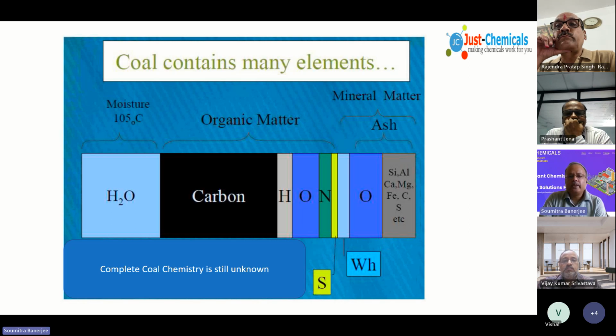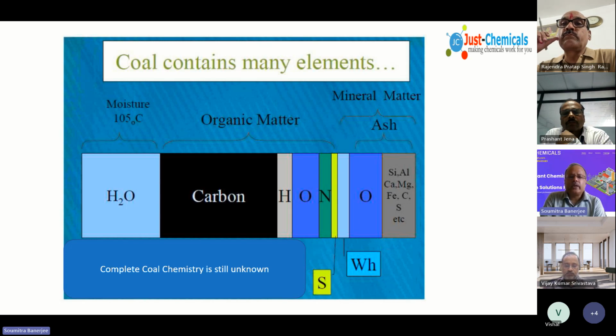Then in ash, you have silica, alumina, calcium, magnesium, iron, carbon. Iron is mostly in pyritic state, sulfur, etc. Pyritic means FeS, iron and sulfur together.